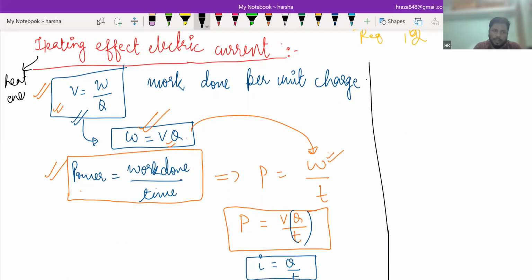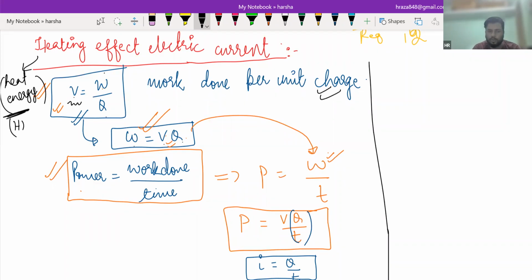Before going to heat energy, we will talk about potential. Potential is work done per unit charge. So in mathematical equation, I can write V is equal to W by Q. This V is potential, W is work done, and Q is charge. So I can also write W is equal to V into Q.